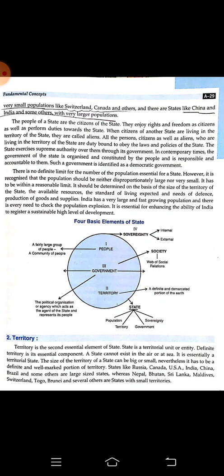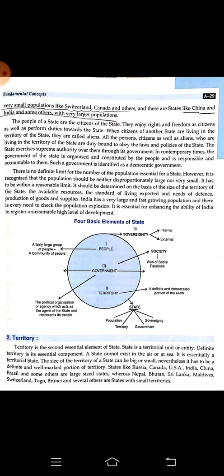In contemporary time, that means at present, the government of the state is organized and constituted by the people and is responsible and accountable to them. So such a government is identified as a democratic government.